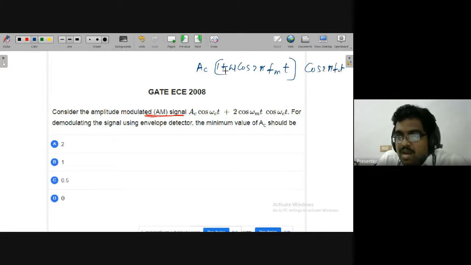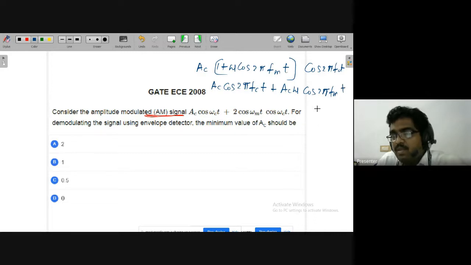If you expand this equation, we get Ac cos 2 pi Fct plus Ac mu cos 2 pi Fmt multiplied with cos 2 pi Fct.